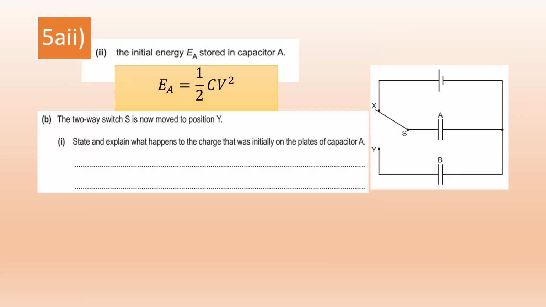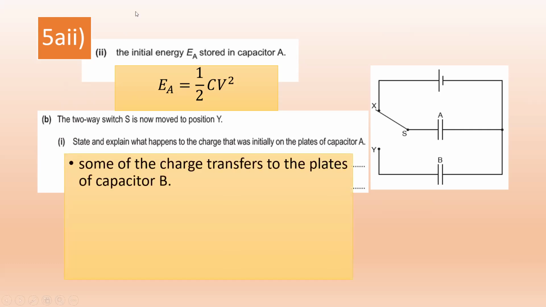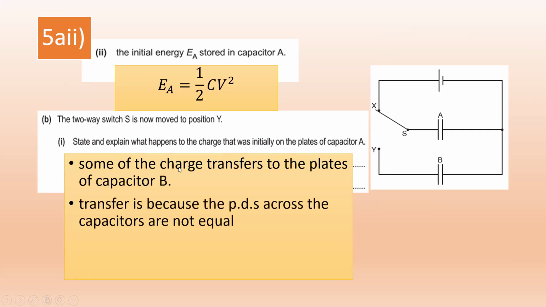The two-way switch is now moved to position Y. State and explain what happens to the charge that was initially on plate A. The charge on A is transferred to the plates of capacitor B because the PDs across the capacitors are not equal.